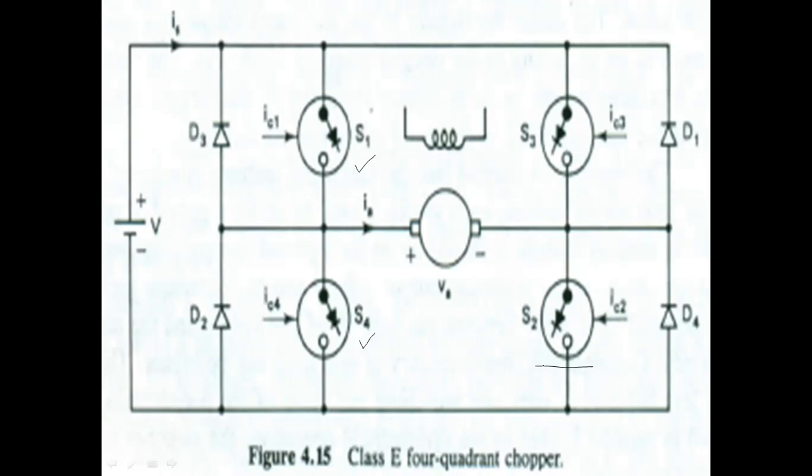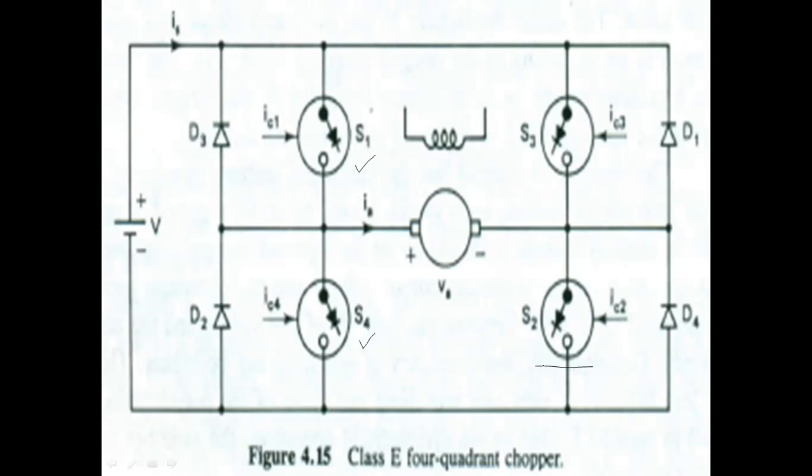So quadrants 1 and 2 are forward motoring, and quadrants 3 and 4 are reverse motoring with regenerative braking. So for changing over from forward motoring to reverse motoring, we have to follow the steps.